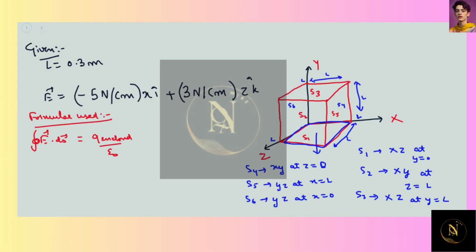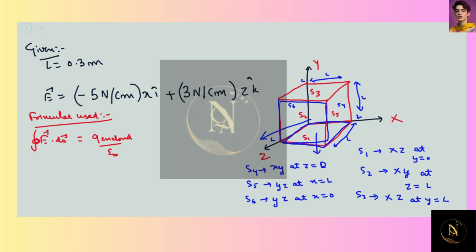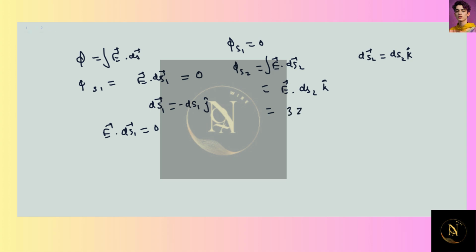Looking at dS2 here, this is our surface dS2. It has a direction along the z direction, so this vector is along k cap. Therefore we have E dot dS2 k cap. Taking the dot product with the electric field, the only component we have is 3z.